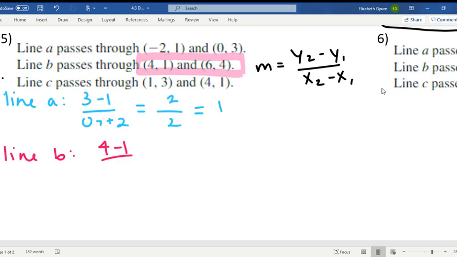Oh, okay. So I'll come back to you in a second, Nick. Dallas, what would I do for subtracting the x's? 6 minus 4. Okay. So now 4 minus 1 is 3. 6 minus 4 is 2. So we got 3 over 2.